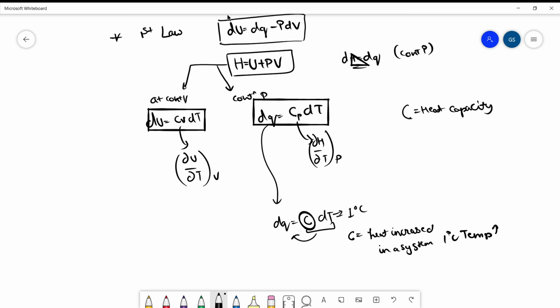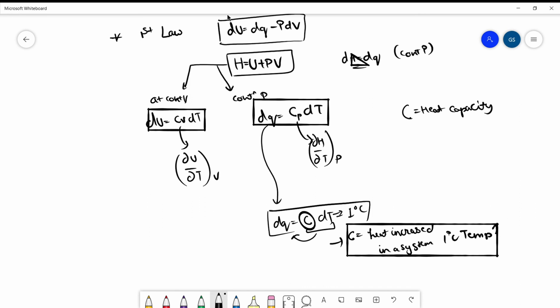So C is nothing but heat capacity and it tells us at what rate the system is getting heated. If we take 1 degree, we get that dQ is nothing but C if dT is 1 degree. So this is just a general way to get to know what C is.